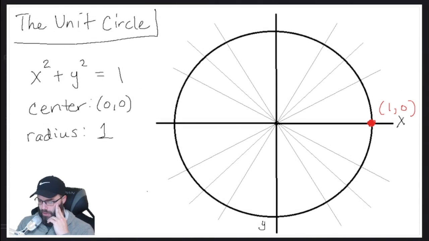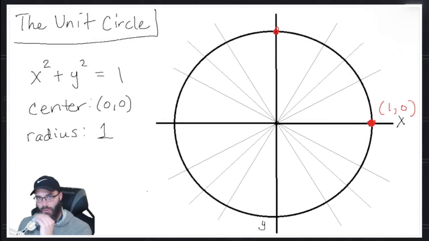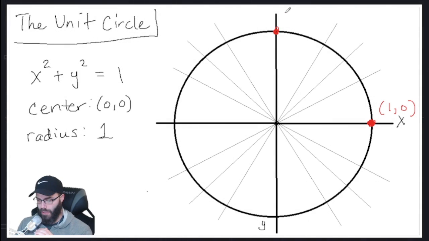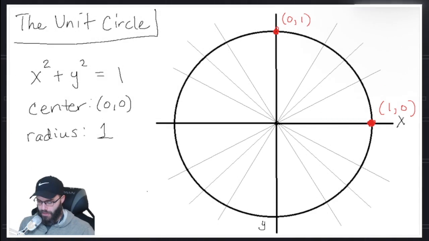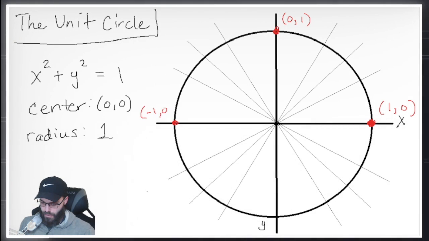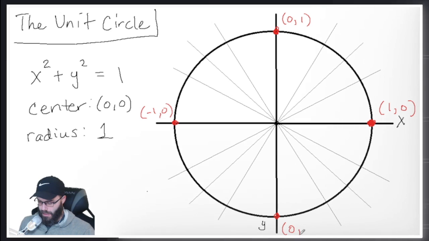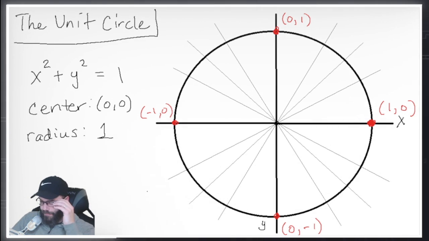All right, this coordinate here would be 0, 1, because in order to get from the origin to this coordinate here, we would not move any left or right. We would move up 1 unit. So 0, 1. All right, and then over here to the left, this coordinate here would be -1, 0. And then this coordinate here would be 0, -1. All right, very, very important there.